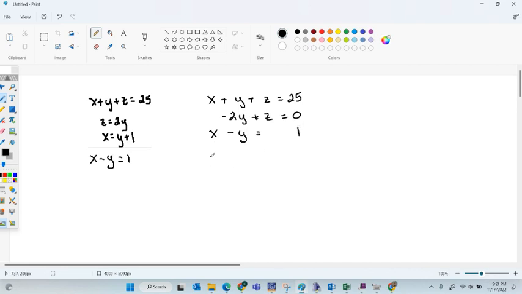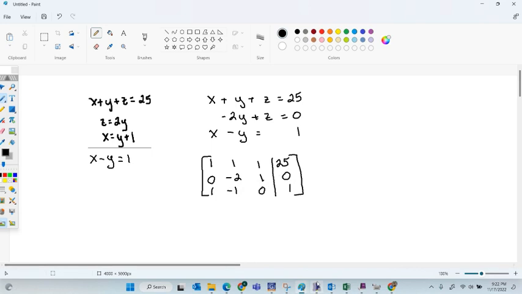So your matrix will be this. 1, 1, 1, 25, 0, and 1, negative 1, 0, 1.